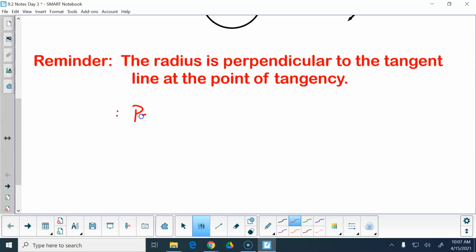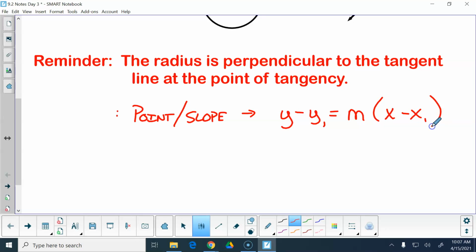So remember, we'll also have to review a couple of forms. The point-slope form of a line is y minus y sub 1 equals m times the quantity x minus x sub 1. That's what we use to find the equation of a line if we have a point and a slope.